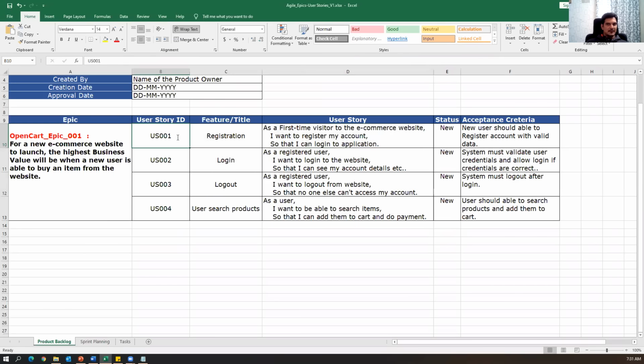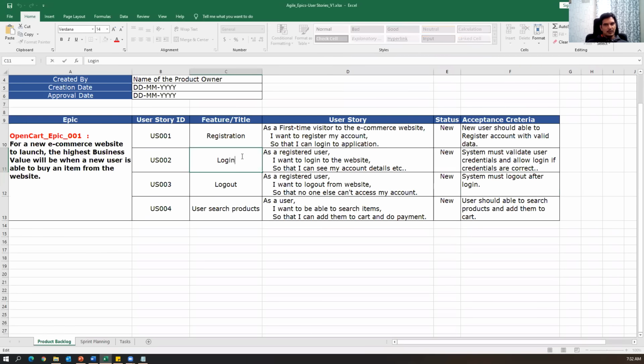Every user story has an ID, the feature for which it is created, and its status: new, already developed, or in progress, which we will update later. Every story has acceptance criteria. Once the acceptance criteria is met, only then does the product owner approve the story, and only then can we release these stories to the customer as a piece of software.